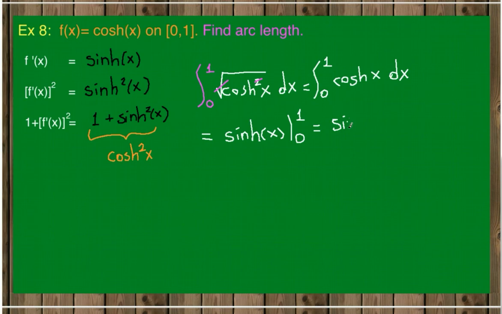So sinh of our upper boundary minus sinh of our lower boundary. Our upper boundary is 1 and our lower boundary is 0. We know that sinh 0 is equal to 0. So our answer is sinh of 1.